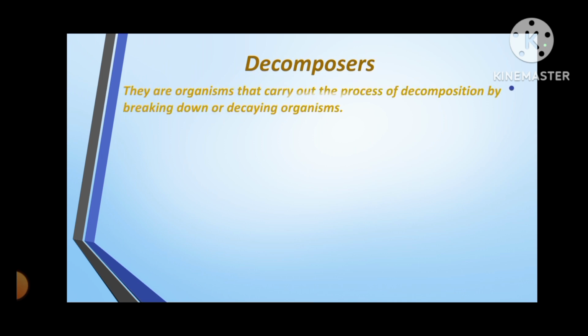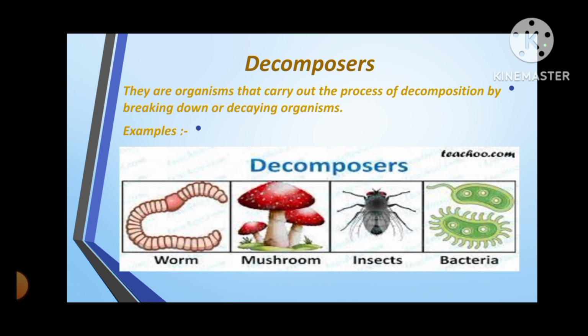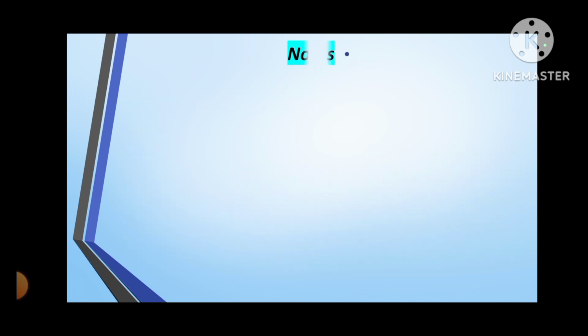Number 3, decomposers. Decomposers are organisms that carry out the process of decomposition by breaking down or decaying organisms. Decomposers deal with dead bodies, like worms, mushrooms, insects, and bacteria.